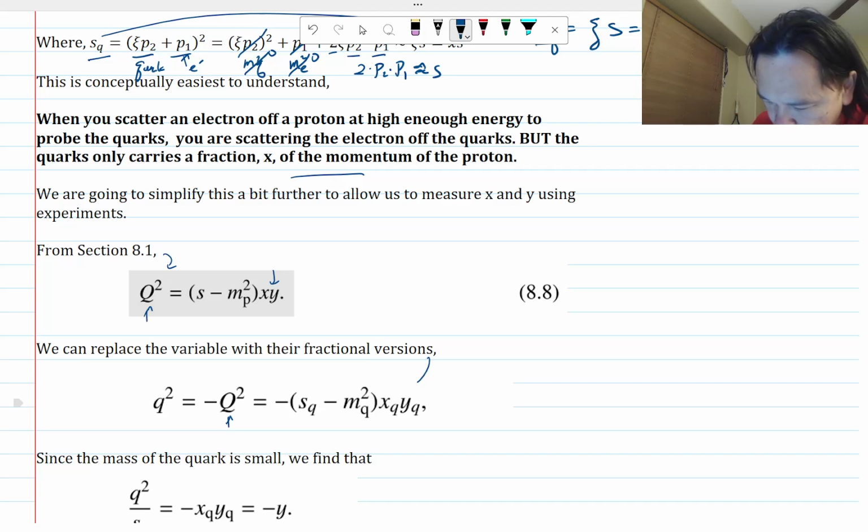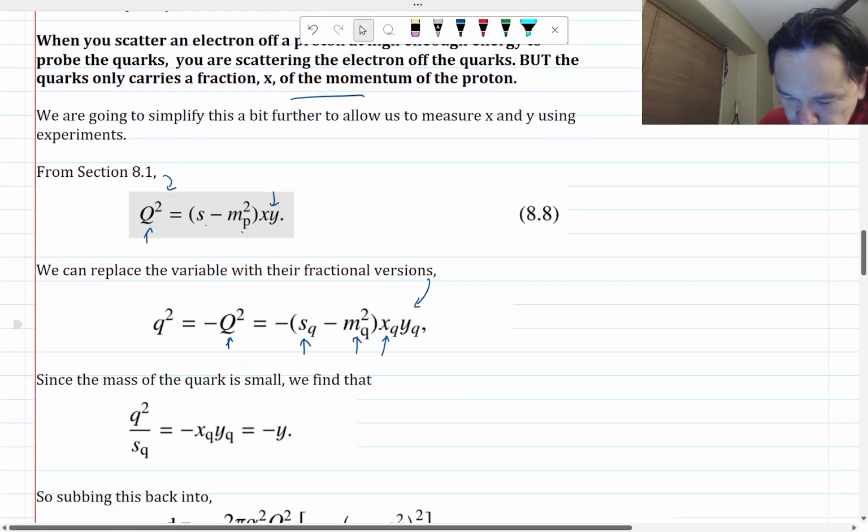And we replace all of these: instead of just x, you have xq; instead of just y, you have yq; instead of the mass of the proton, you have the mass of the quark; instead of the Mandelstam variable S for the entire proton, you have it for the individual quark itself. Since the mass of the quark is pretty small, you can approximate that to be 0.